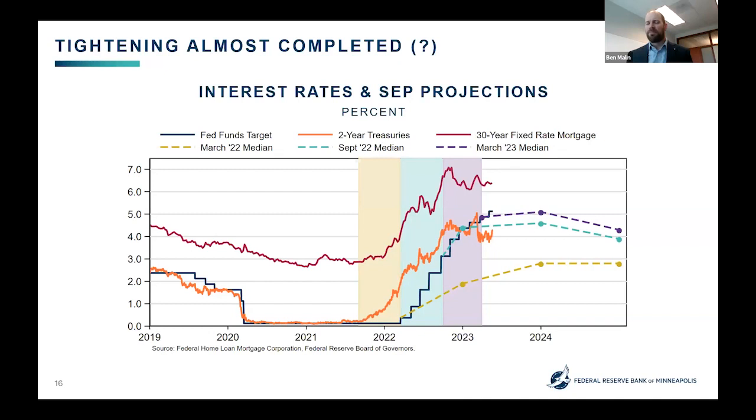So when people talk about long and variable lags of monetary policy, first of all, to level set for our audience, what they typically have in mind is that from the time interest rates start increasing till the time you start seeing the maximum impact that those increases have on unemployment or economic activity, say slowing that down a bit, or on prices, tamping down on inflation, is typically, if you look at historical estimates and statistical ways of looking at this, maybe 4 to 6 quarters for activity, maybe 6 to 8 quarters, longer for inflation.